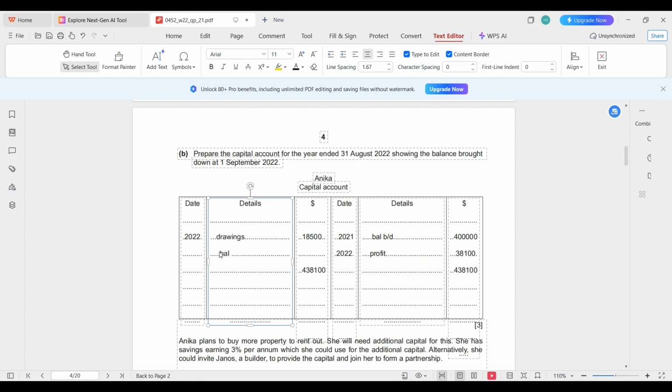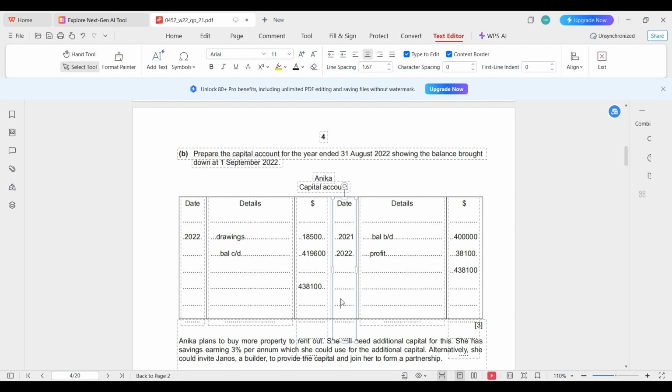You're going to see that if you say 438,100 minus 18,500, you get 419,600 on this side, isn't it? 419,600. That's great. I have a guy who is helping me here, so he calculated for me. So you get 419,600.